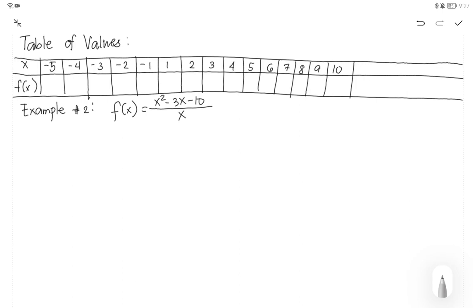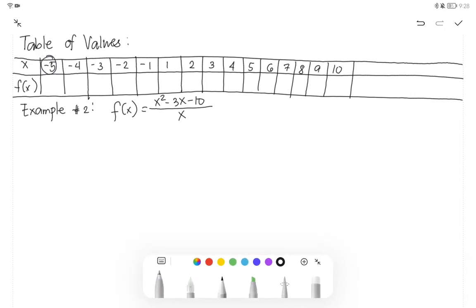Okay, now let's proceed to example number 2. Let's solve for the value of f of x. Let us substitute x with these values. Let's start with negative 5. Okay.